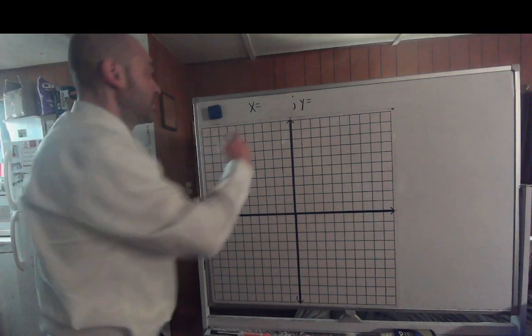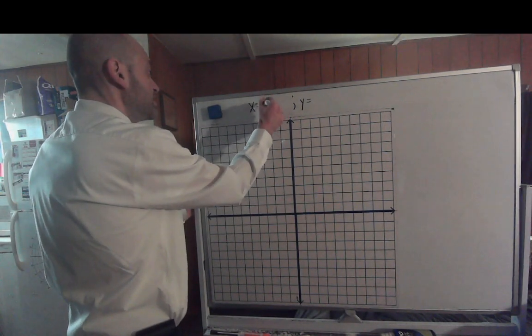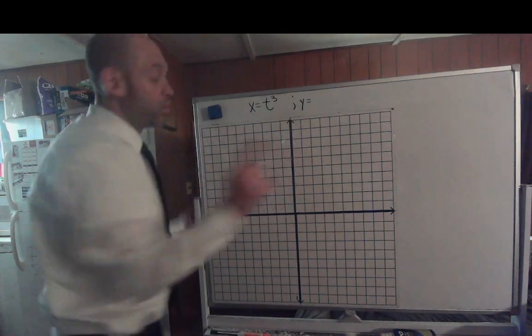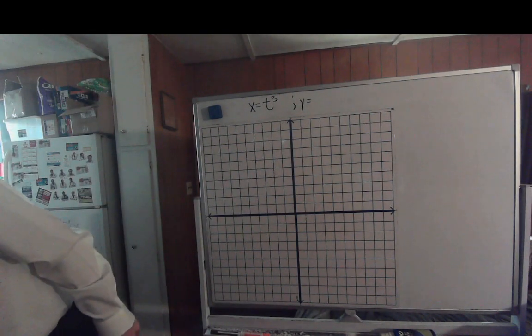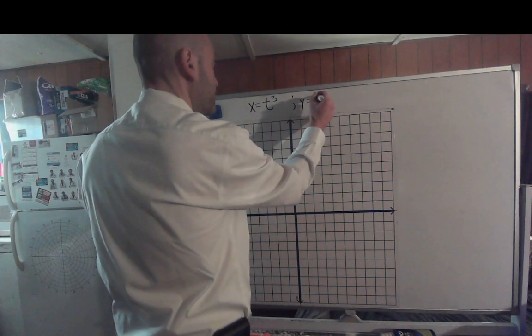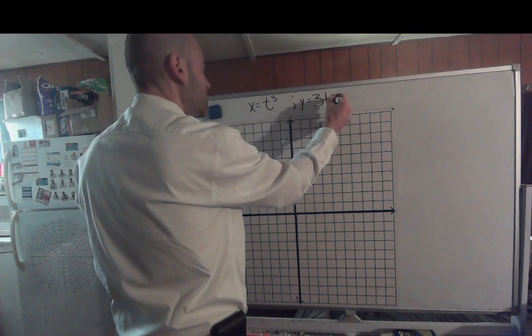Good one. So x equals t to the third, y equals 3 ln of t.